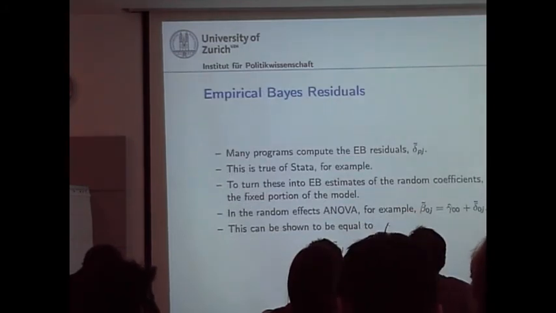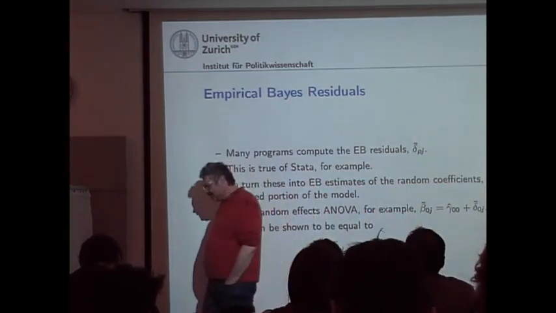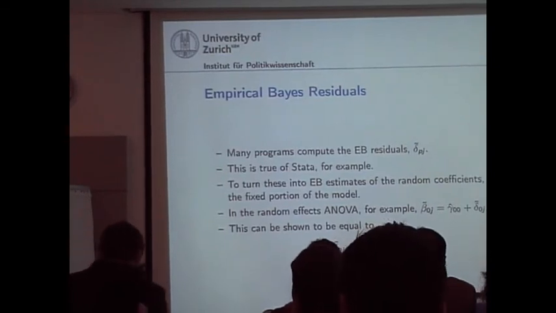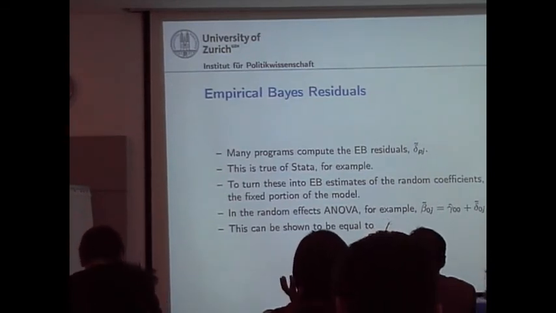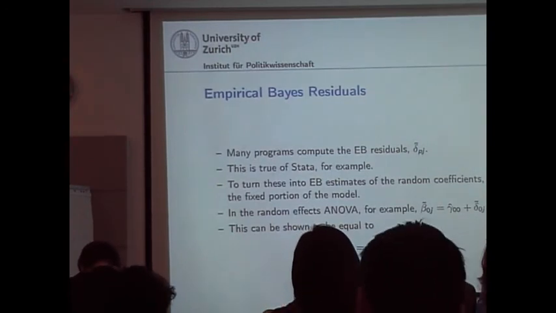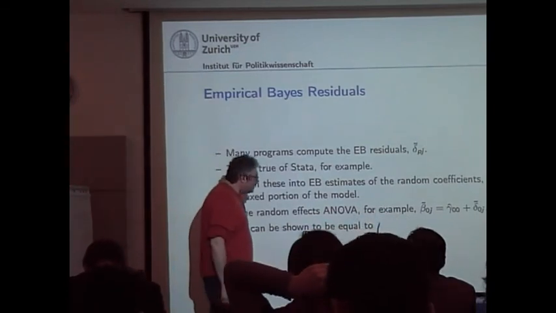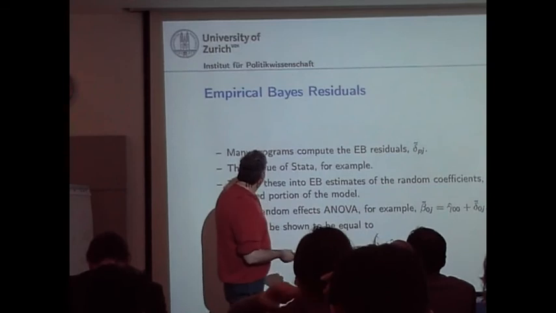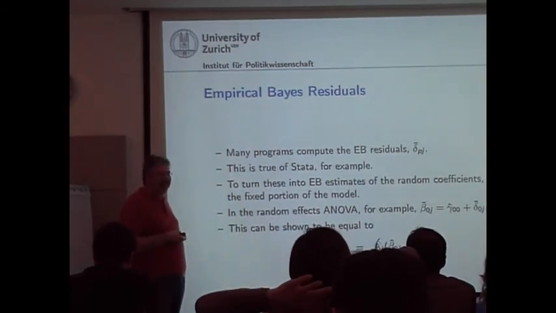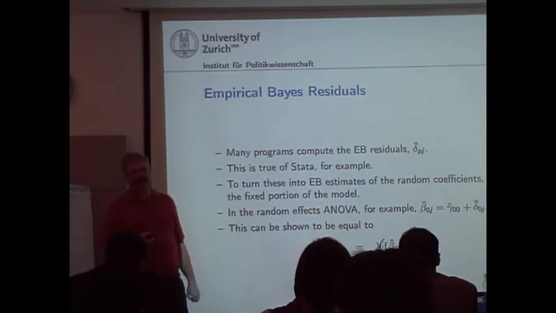Now, one last thing about empirical Bayes, because Stata, in its infinite wisdom in this xtmixed business, doesn't actually give us the empirical Bayes estimates, but it gives us empirical Bayes residuals. And what are these things? It's basically the difference between beta 0j and the fixed effect.